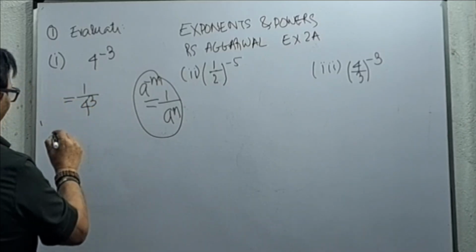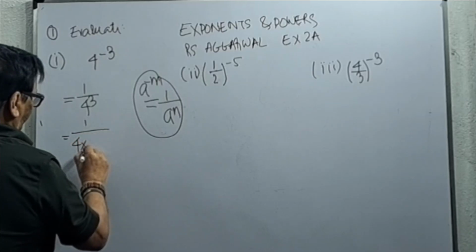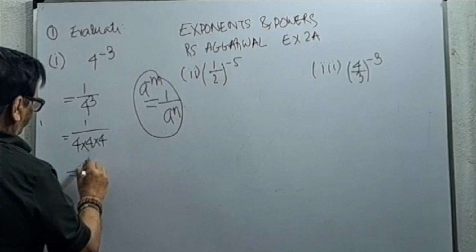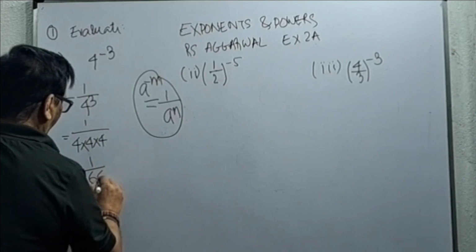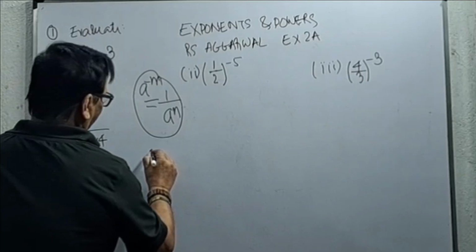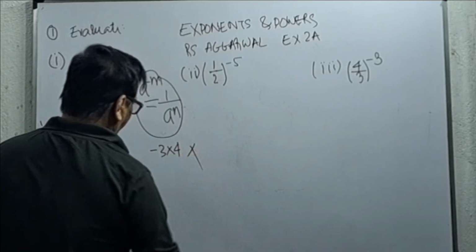Right? Since they have asked to evaluate, you write down 1 by 4 times 4 times 4, which gives you 1 by 64. Right? The common mistakes that people make is the minus 3 times 4, which is wrong.